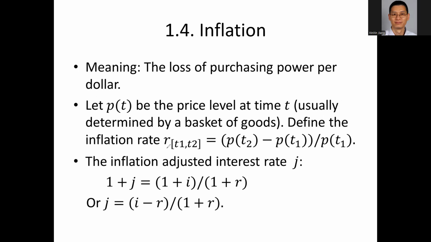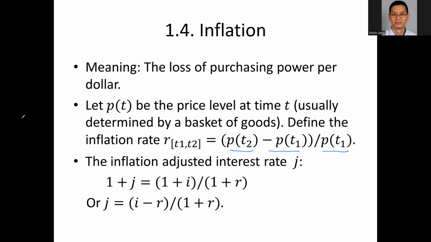Some people use r for interest rate, but we're going to use it for the inflation rate. r from t1 to t2, over some time period, equals the price at t2 minus the price at t1, divided by the price at t1.